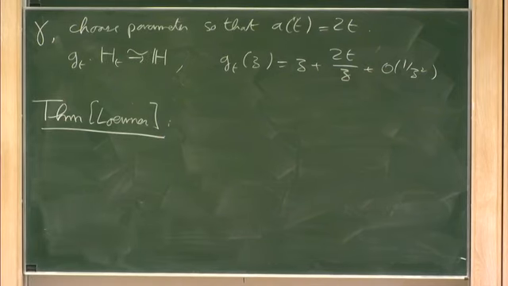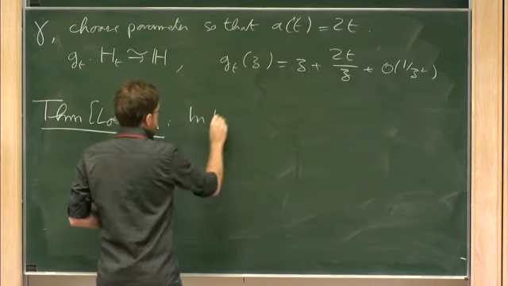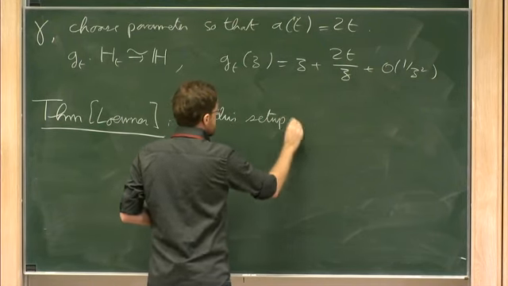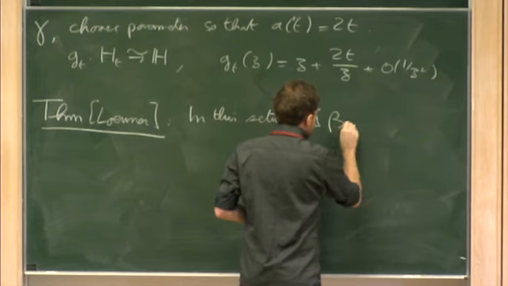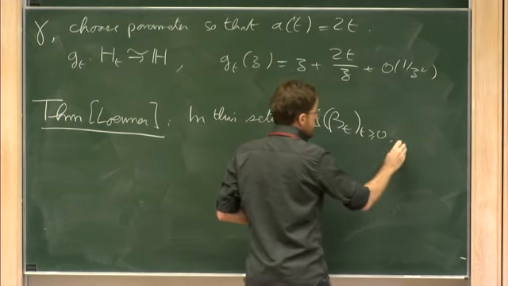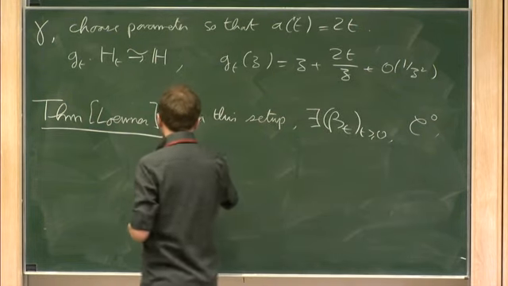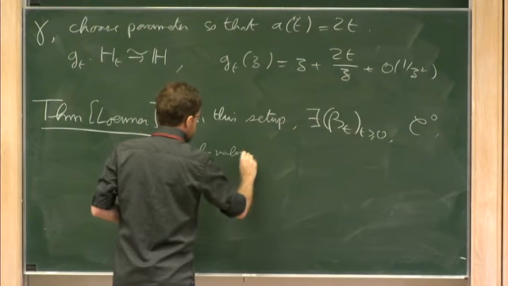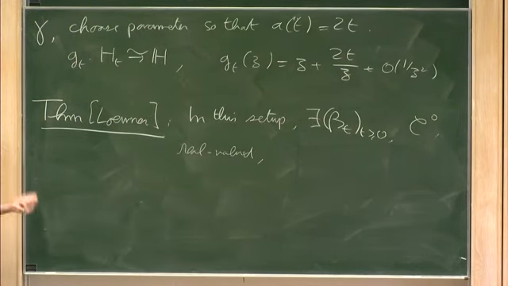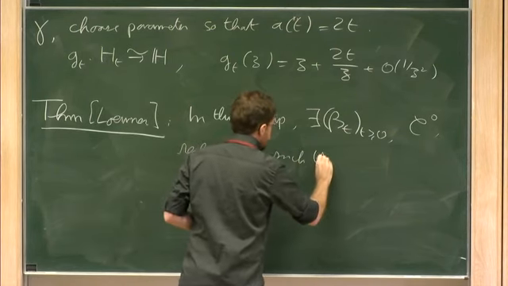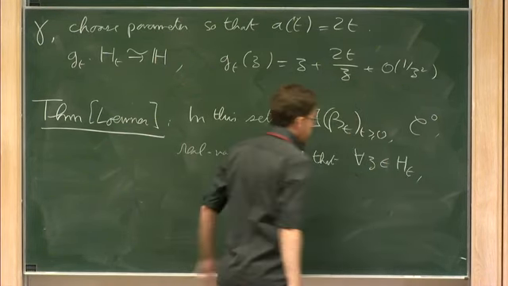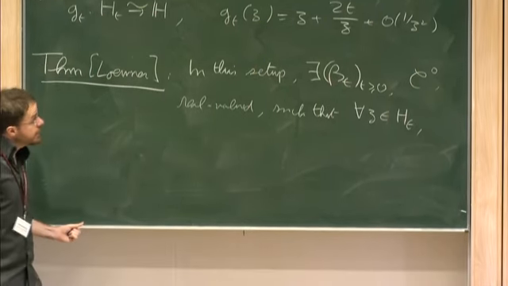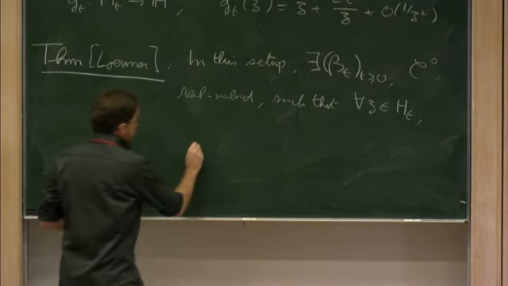So this is what was done in the 20s, that in this setup, there exists a continuous real valued function, beta t, such that whenever you choose z in HT, so whenever z is in the domain of gt, you have the following equation.